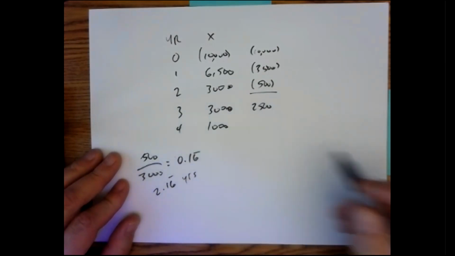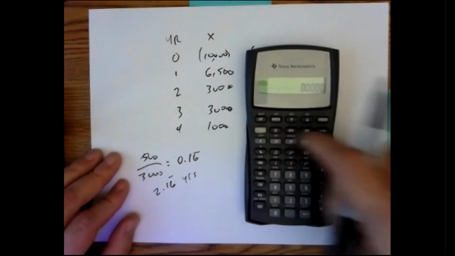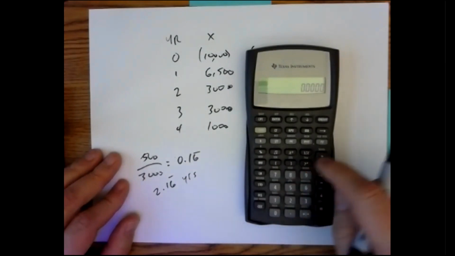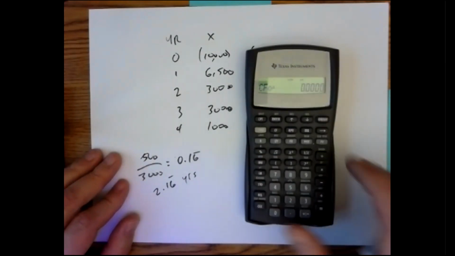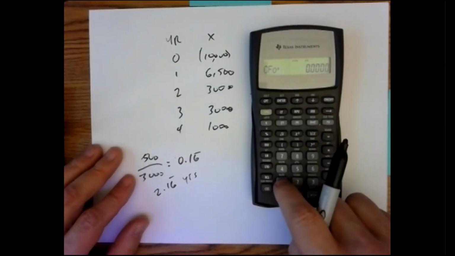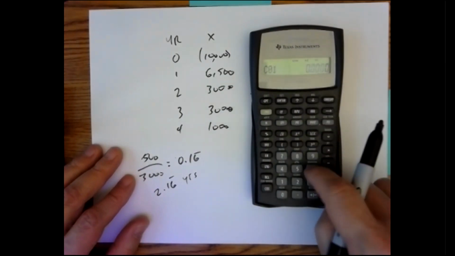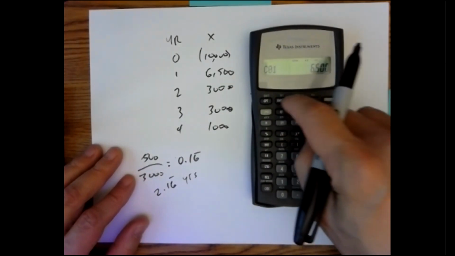So now we want to calculate the NPV, and I'm going to use my cash flow register on my calculator. I have an initial outflow of negative 10,000. Year one, I earn 6,500.